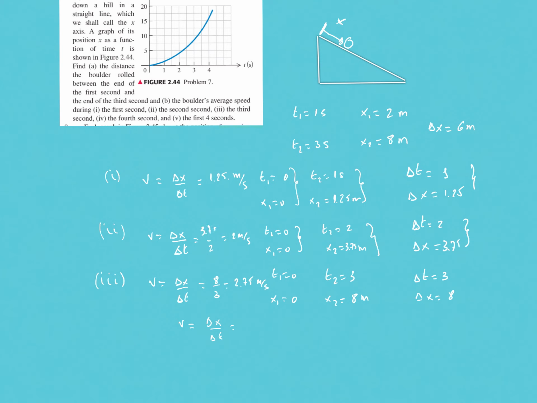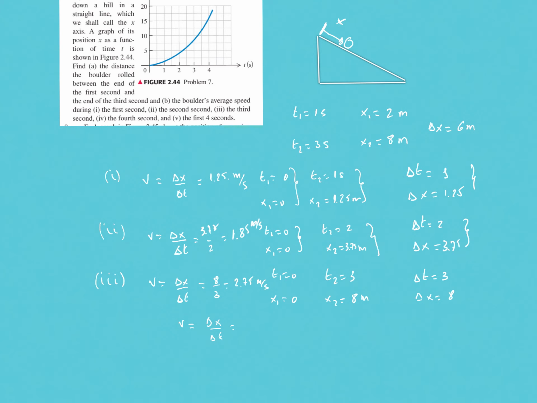So the velocity will be 3.75 divided by 2, which is something like 1.85, I think. Okay, you calculate.